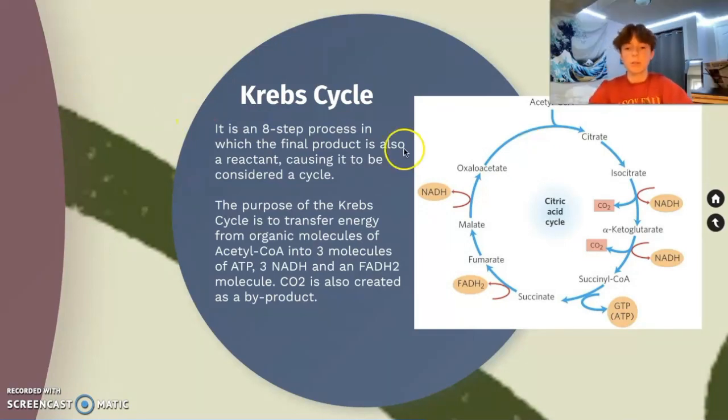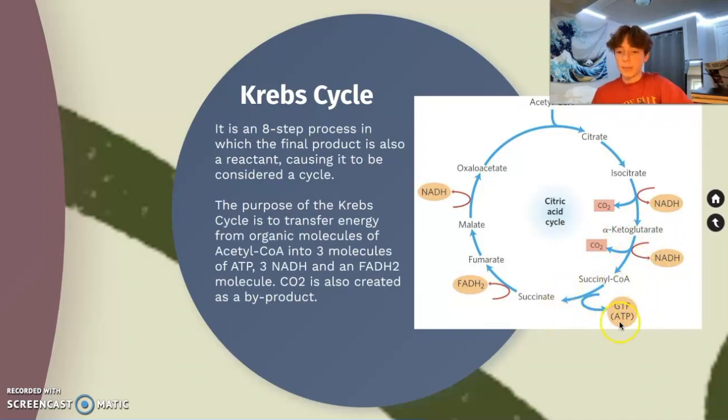Now, to explain this whole complicated diagram, we're going to start here up at acetyl coenzyme A. So first, it is transformed into all of its intermediate molecules, such as citrate, isocitrate, and so on, where NADH is created, a CO2 group leaves, another CO2 group leaves, and another NADH is produced.